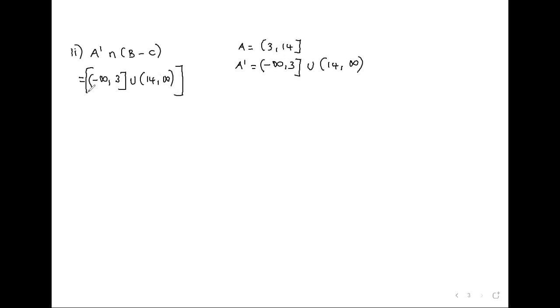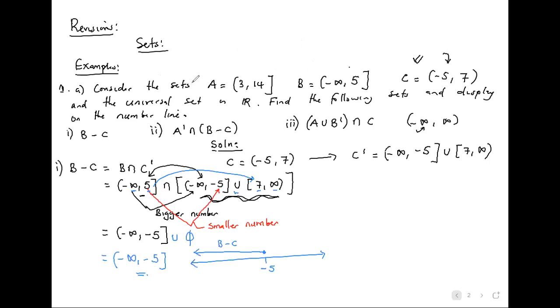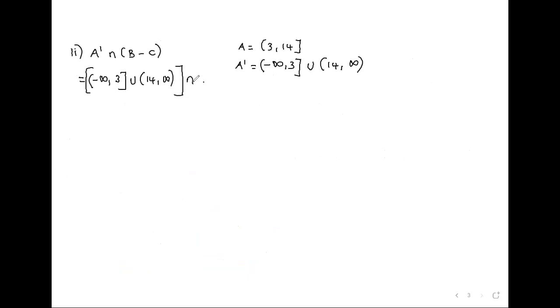This intersection B minus C, we just found B minus C here. So we have negative infinity to negative 5. So again, we get back the same thing.